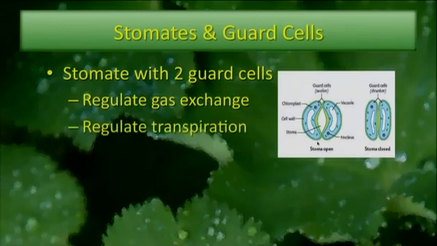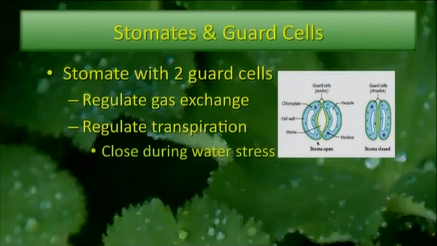When the guard cells are open, water can transpire or evaporate out of the leaf through the pore known as the stomate. And they close during water stress, when there's not enough water in the guard cells. And we talked about the potassium ions leaving and water following.